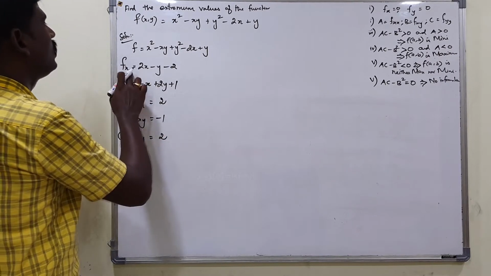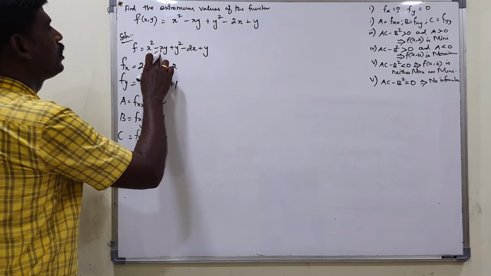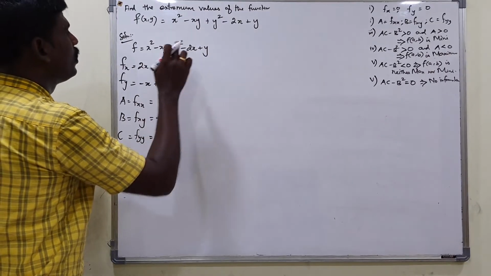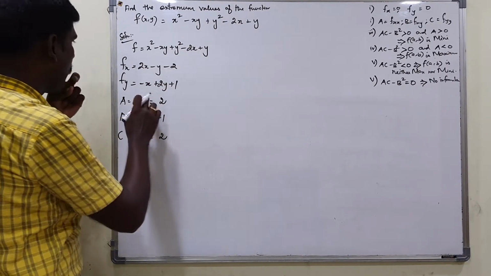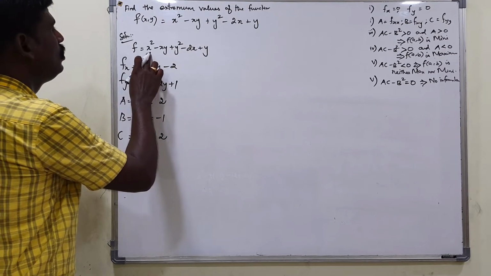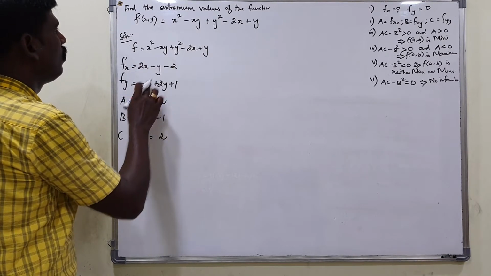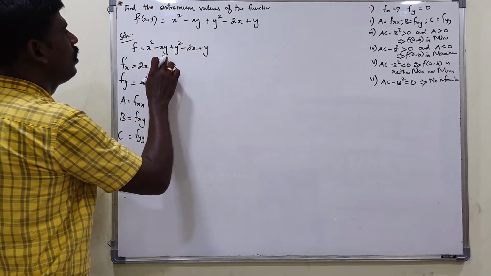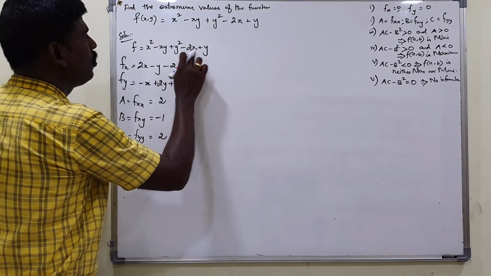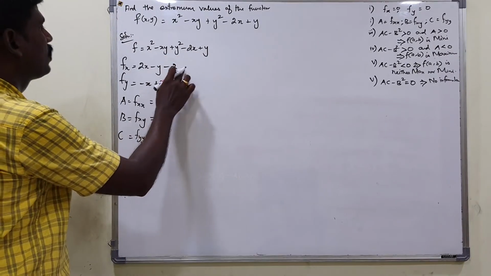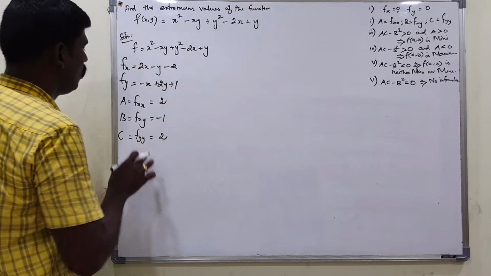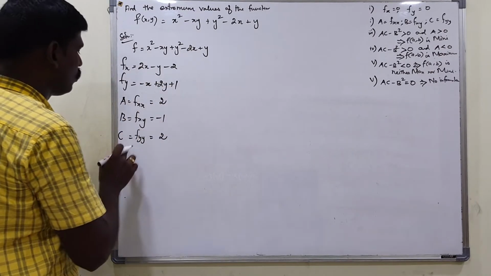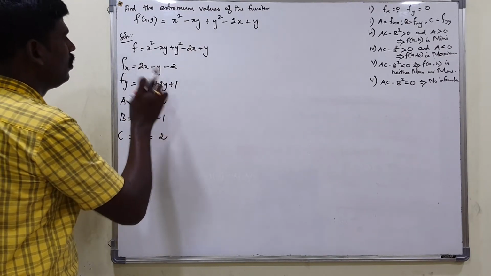Here fx is 2x minus y minus 2, and fy is minus x plus 2y plus 1. So f double x is 2 alone, fx with respect to y is minus 1, and f double y is 2 alone.